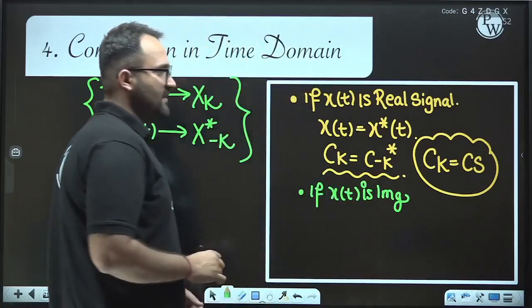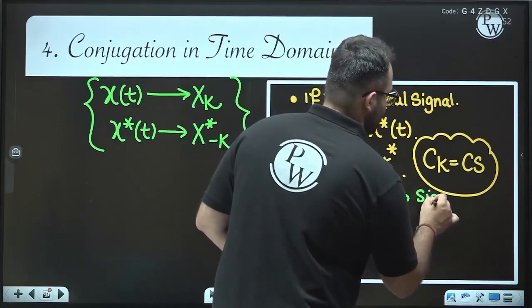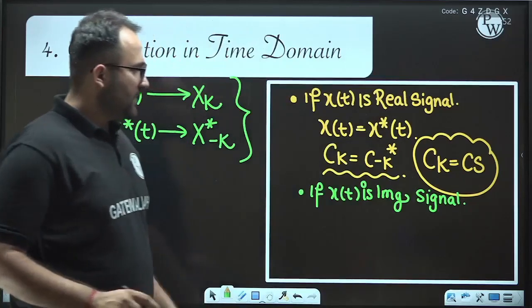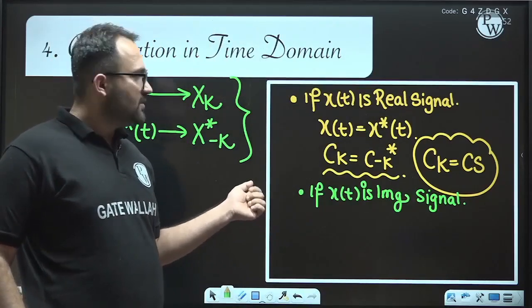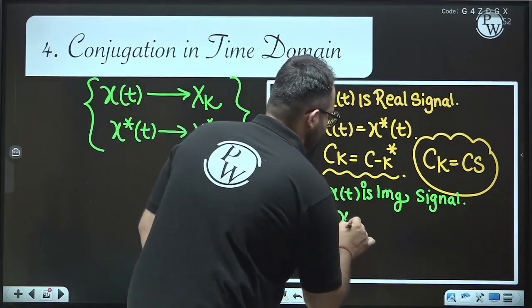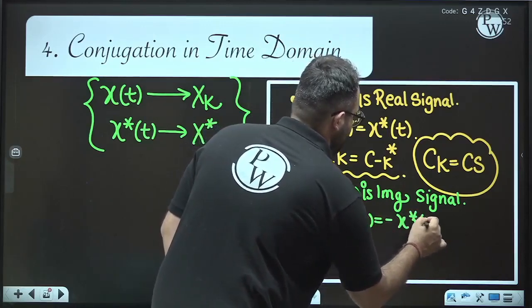If x(t) is an imaginary signal, then its conjugate will be opposite to it. x(t) will be equal to minus x conjugate(t).